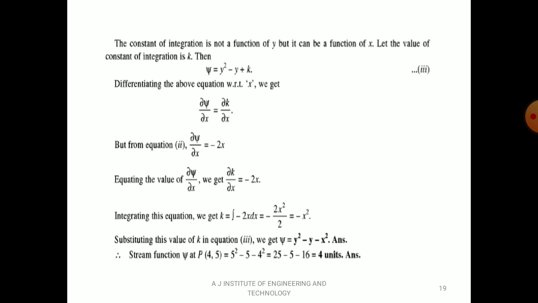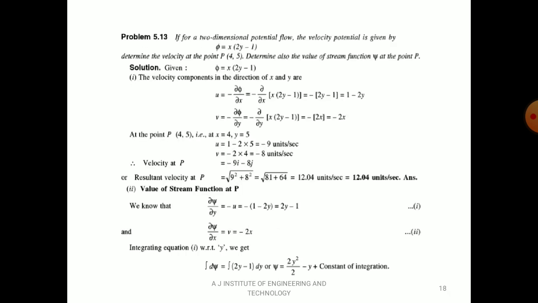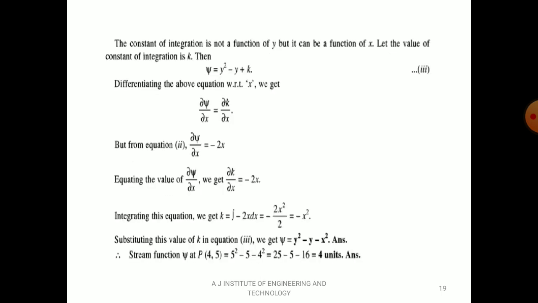Now the constant of integration, as I already explained in convective acceleration, is not a function of y, so it can be a function of x. So let the constant of integration be k. Then xi equal to y square minus y plus k.